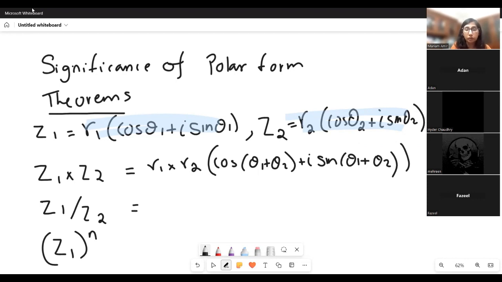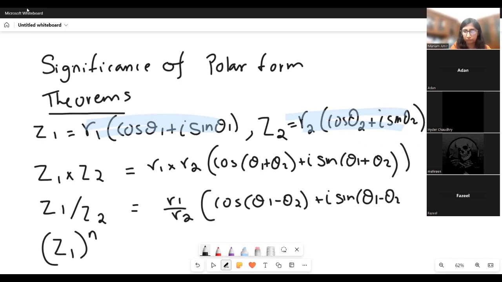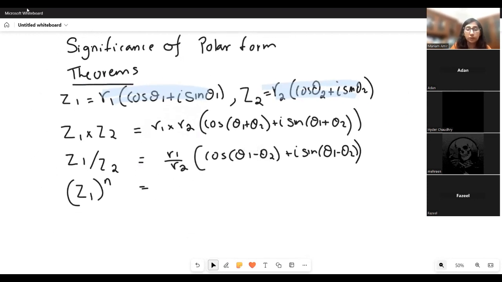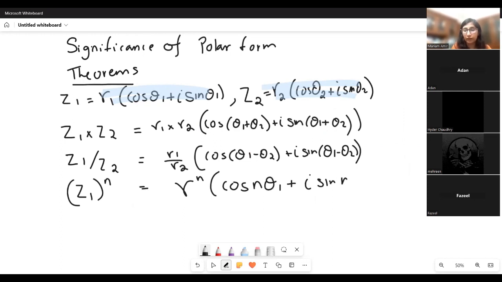Similarly, to divide, you divide the r's and then you subtract the angles. And to give any complex number a particular power, you give the same power to r, and with the angle, you multiply n: cos n theta 1 plus iota sine n theta 1.